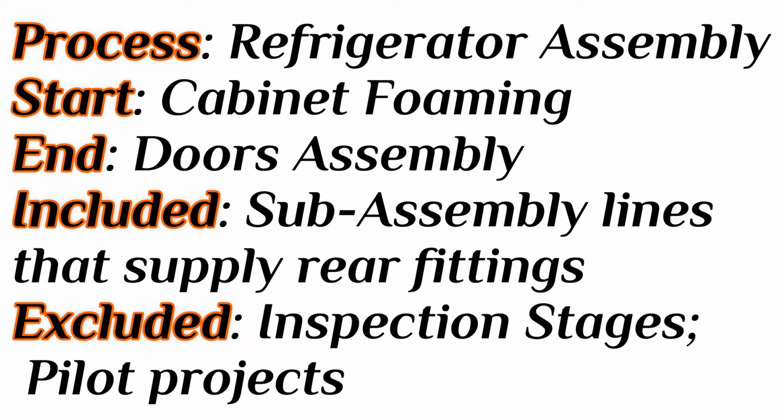That is the project you want to improve. So here I've just taken an example from the refrigerator industry. The process that we want to improve is refrigerator assembly, not any other portion of the refrigerator plant, refrigerator assembly. And in that also, where is the start? At the cabinet forming station.